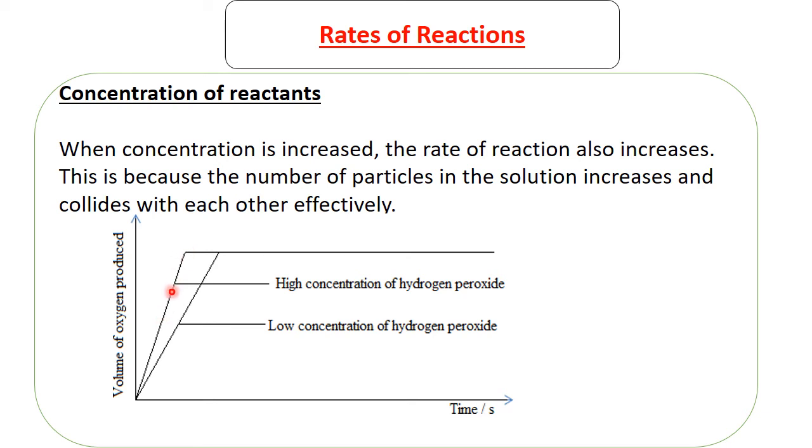So which graph shows a faster reaction? If you take the time here and the time here, you are going to see that the time here is lower than the time here. This reaction is ending here and this is ending here. Since this is ending in a shorter time, it has a higher rate.